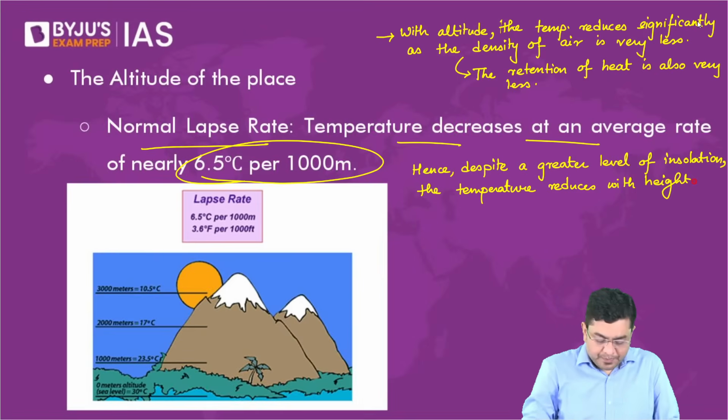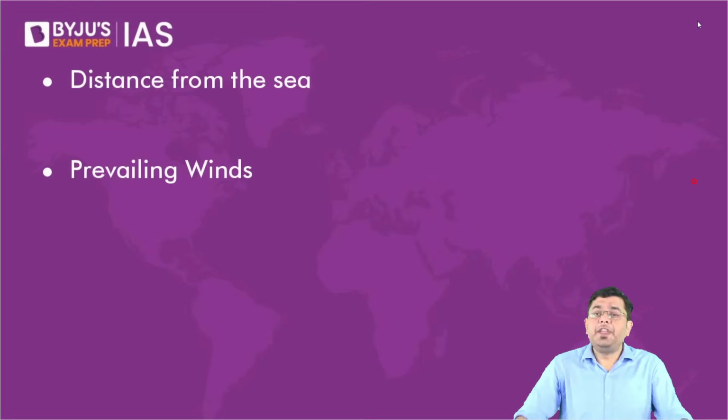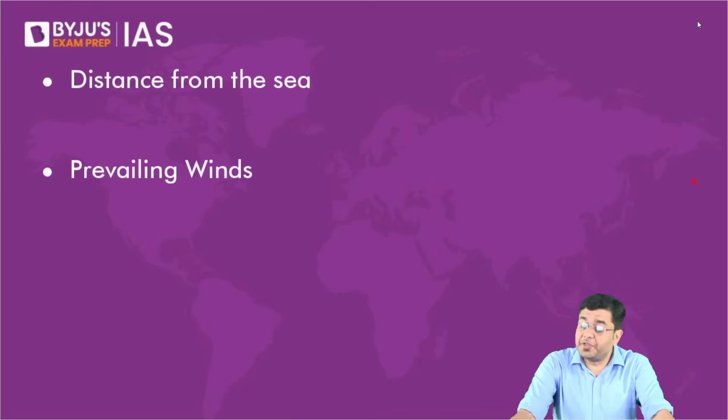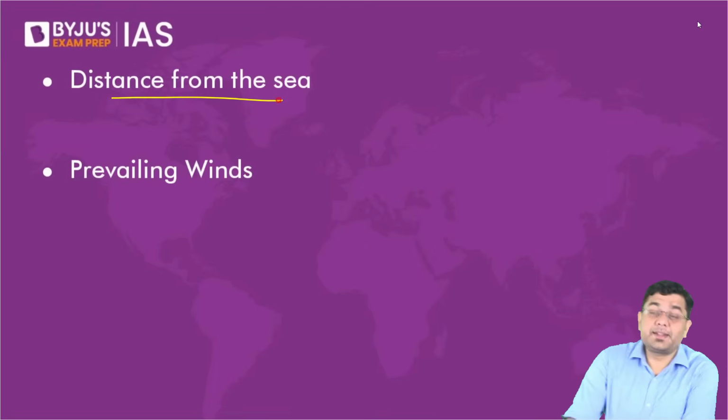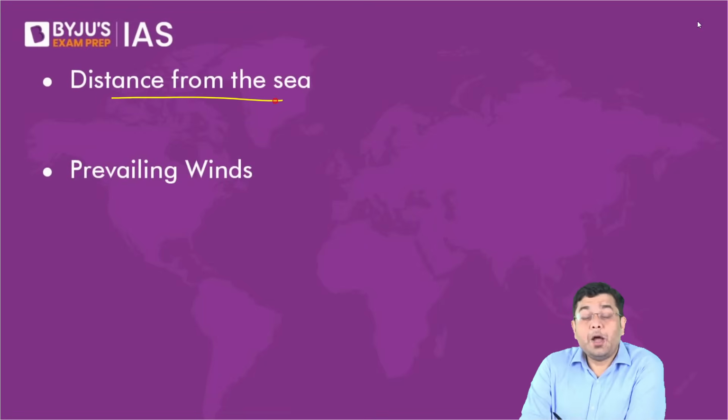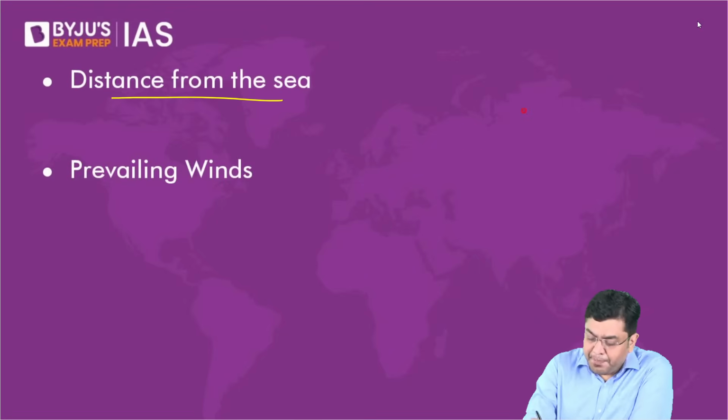Okay. Now, after this, we come across certain other factors which will also influence the temperature. Let us understand that. One of the factors is distance from the sea. Now, distance from the sea, what are we talking about here? So, for example, let us consider two different regions of the country.